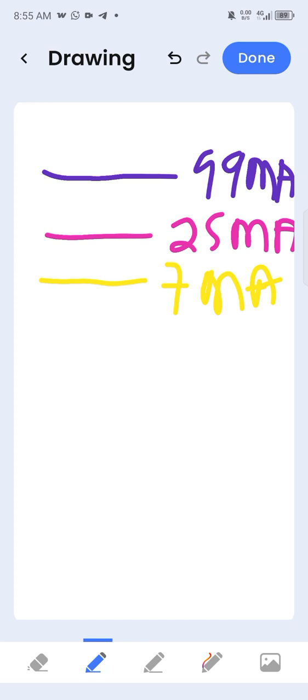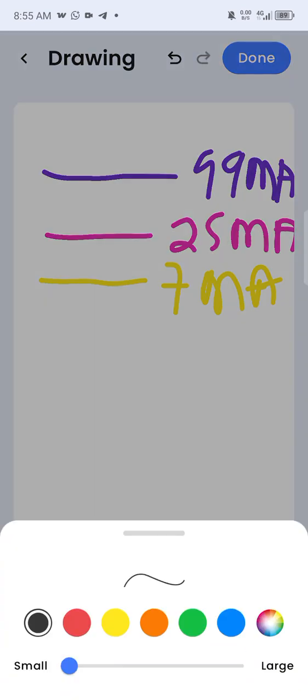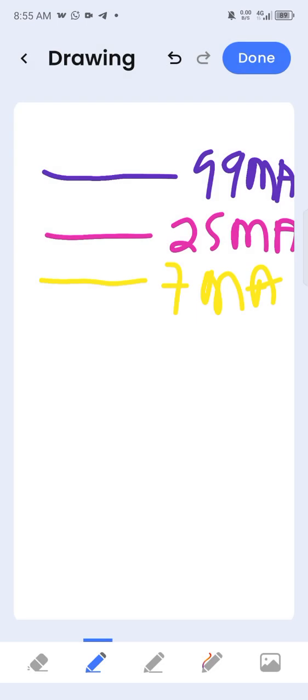So now let's get some things right down. In a downtrend, right? In a downtrend, most of the times you will see the candle movement in a direction. So for instance, if I'm using a black line for the direction of the market, so this is on a downtrend, you see that the 99 moving average, which is the purple line, will be on top, and then we have the 25 moving average below it, and then we have the 7 moving average last.